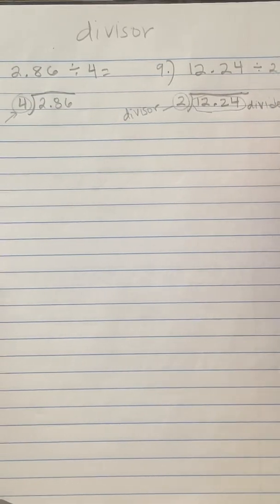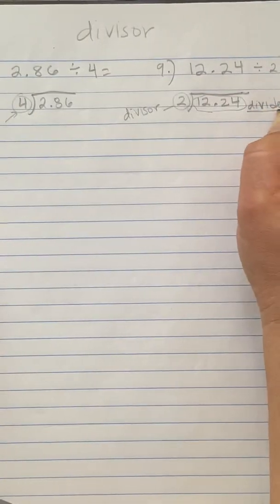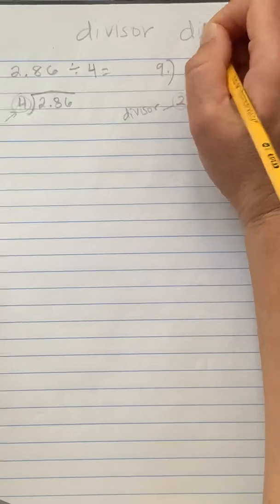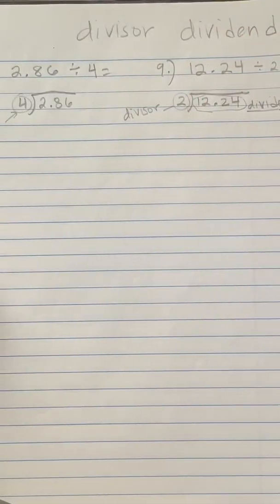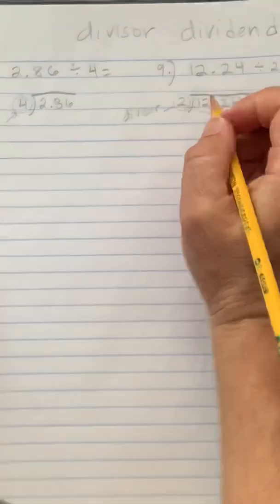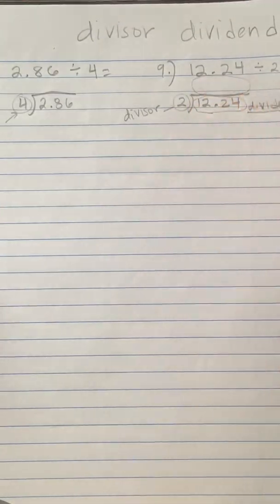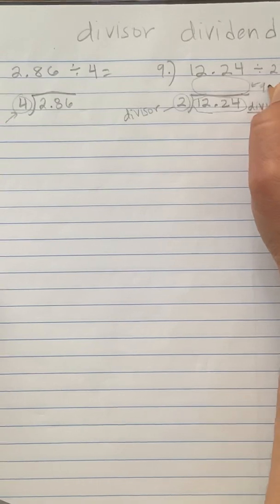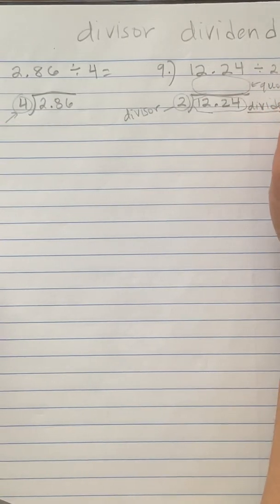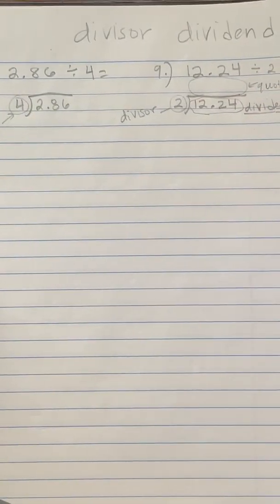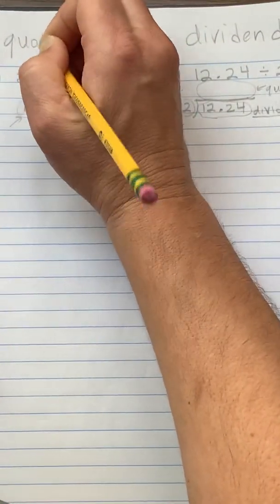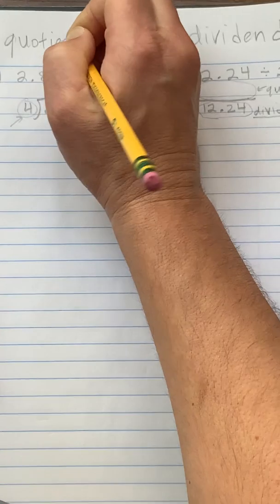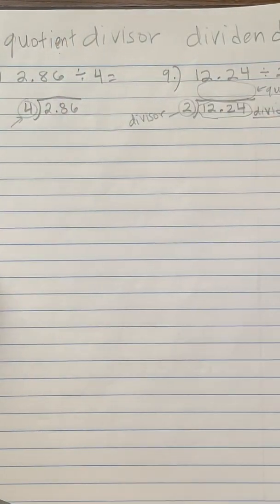Notice it has the word divide in it, and then it has end. Dividend. And then our answer for our division problem is called a quotient. You probably already know that, but I will write it big since I kind of cut it off. Quotient.